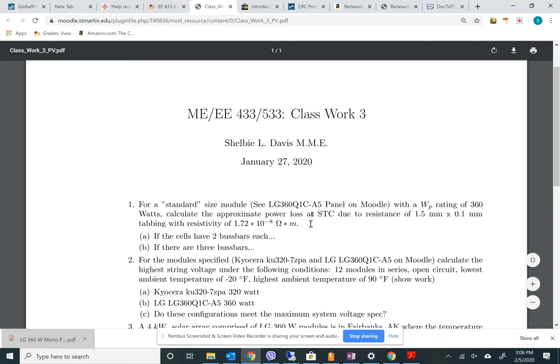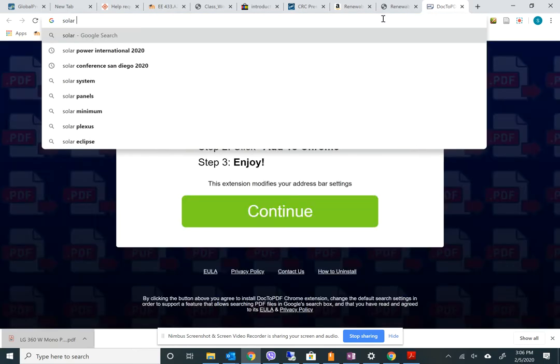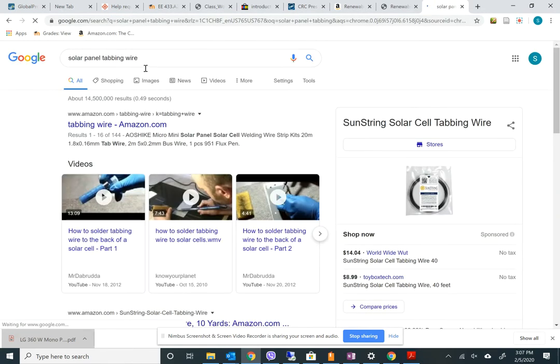Okay, first of all, let's talk about what tabbing is. Solar panel tabbing. Let's look at some pictures.